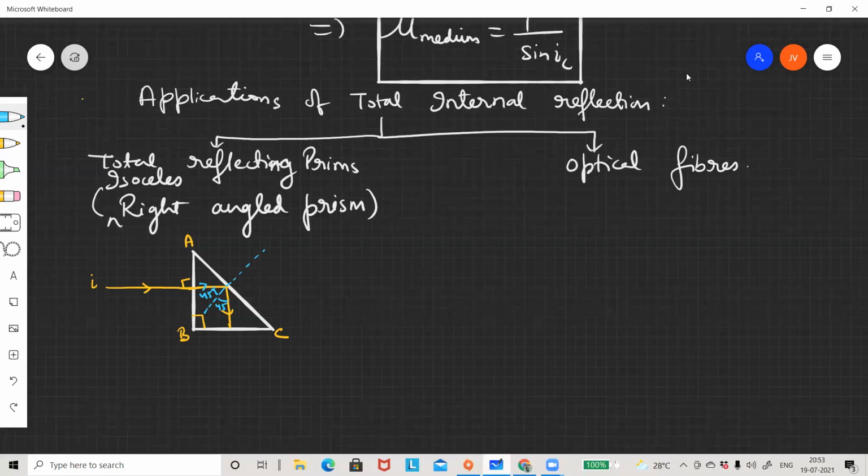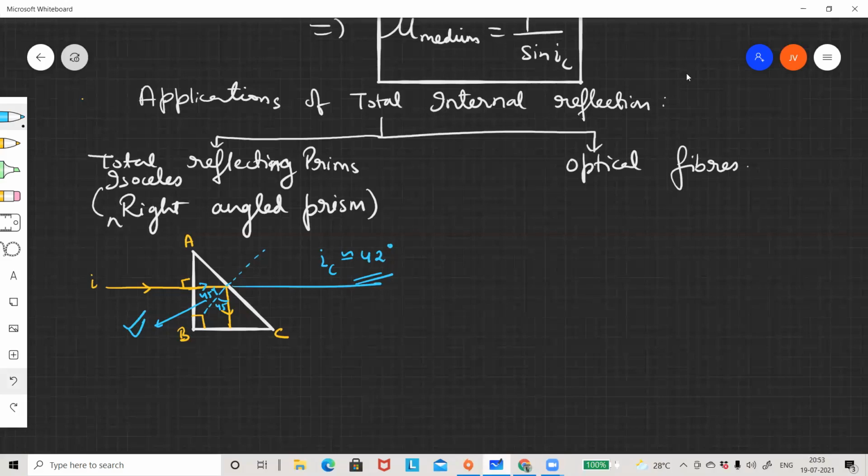I said that for glass the critical angle is approximately 42 degrees. If the angle of incidence is 45, the ray of light gets internally reflected instead of being refracted and exiting.